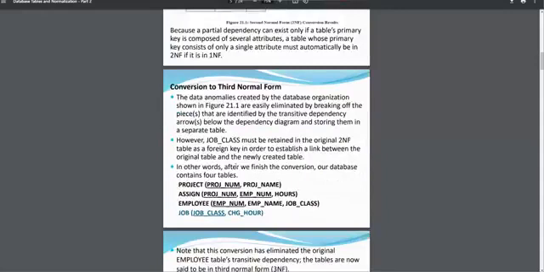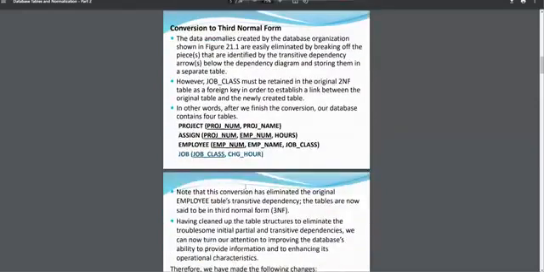You have to study dependencies more, because for the final exam you will definitely be asked normalizing related questions, and you would be able to score more than 25 marks for this section, right?